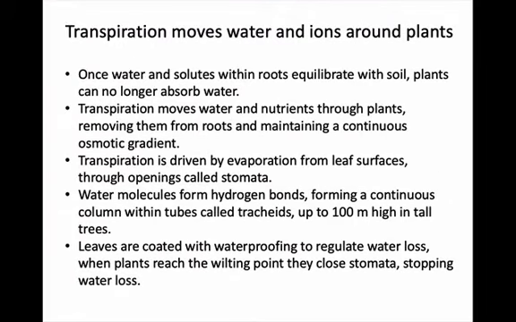Now, what we just described implies that at some point, as water moves into roots, followed by the ions that the plant wants to get into the roots, the osmotic gradient will equalize across the semi-permeable membrane of the root, and you'll have equal osmotic pressure inside and outside, at which point the plant will no longer be able to draw water and ions out of the soil and into the body of the plant.